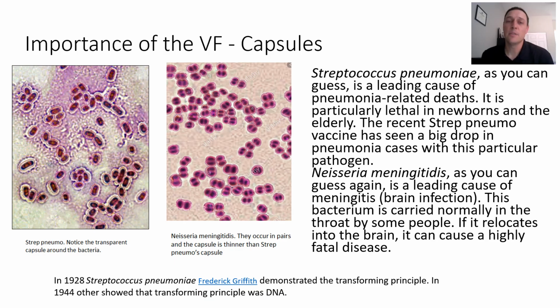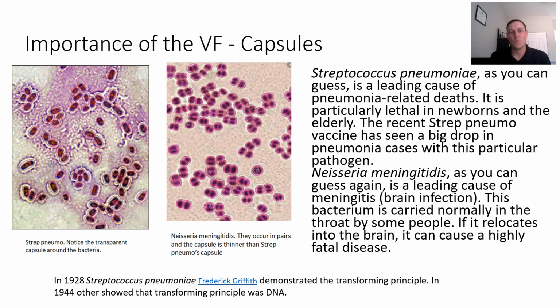And in fact, if we take a look at two very well-known species that can have a capsule, Streptococcus pneumoniae, and Neisseria meningitidis, I always can't say that, but as you guessed, it causes meningitis, and Streptococcus pneumoniae, which causes pneumonia.